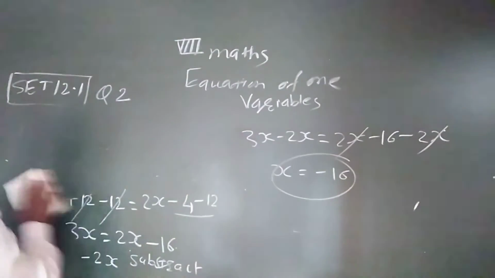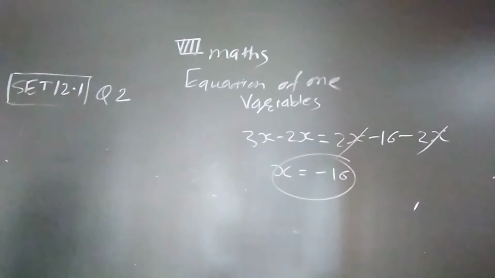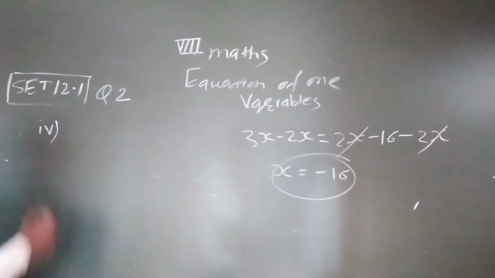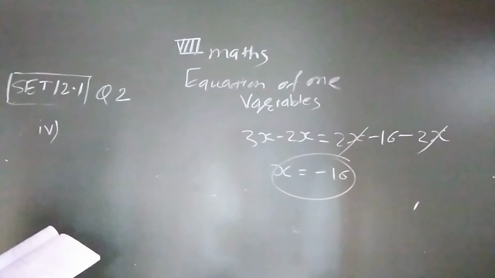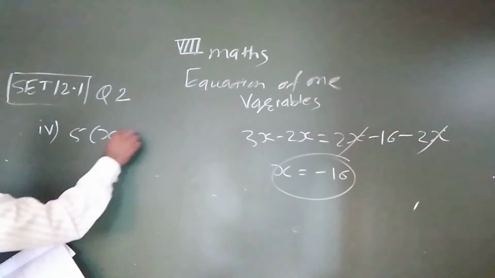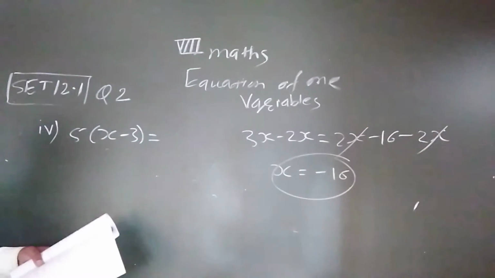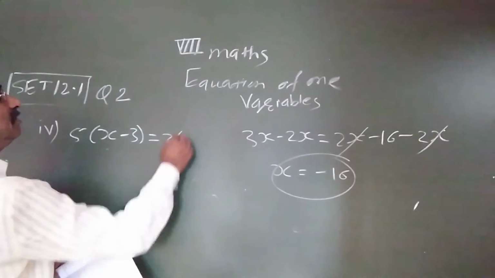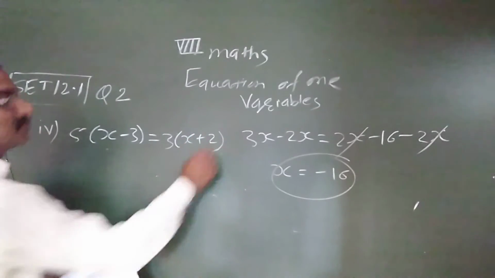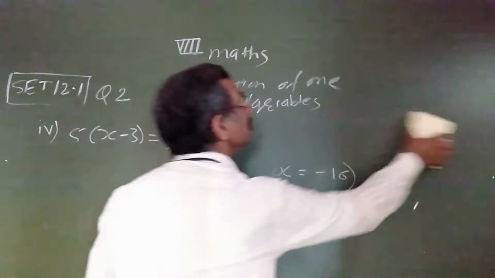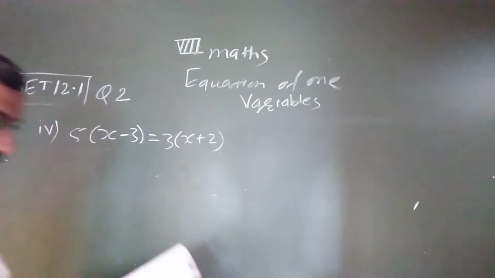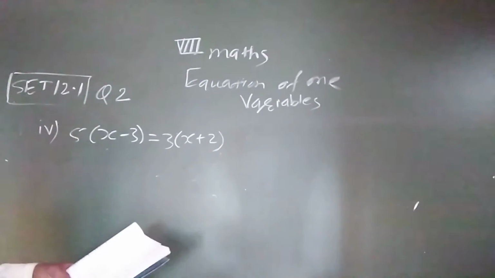Then the fourth question. 5 in bracket x minus 3 is equal to 3 in bracket x plus 2. So firstly we are removing the bracket by multiplying.